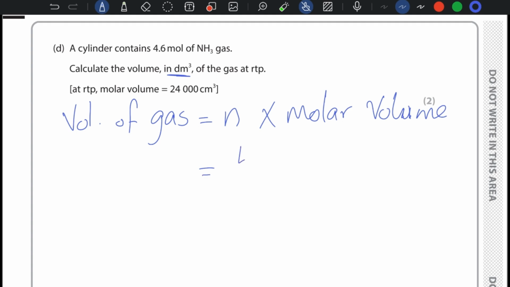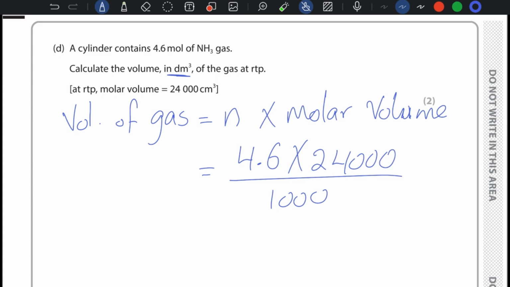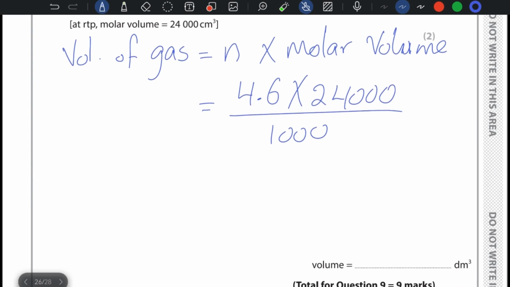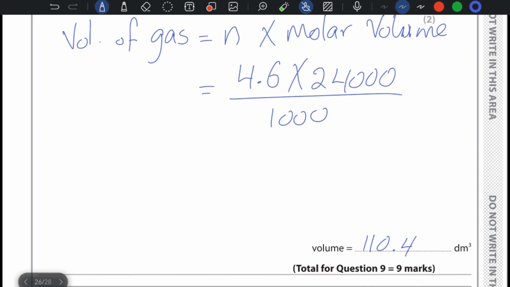So number of moles 4.6 multiplied by molar volume 24,000. We can do it in one step by dividing by 1000 to convert from cubic centimeters into cubic decimeters. Working is also not required in this question. The answer will be 110.4 cubic decimeters. Remember that we divide by 1000 in this question to convert from cubic centimeters to cubic decimeters.